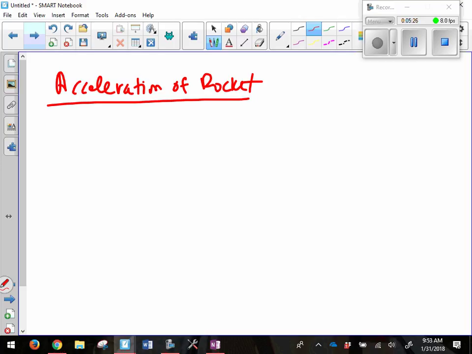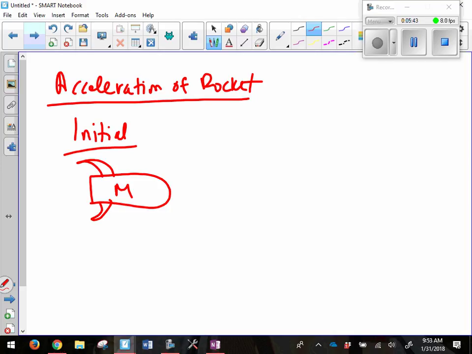So since I'm going to be talking about momentum, I'm going to need an initial state and a final state. So my initial situation is I have a rocket that has some mass m that's moving that way.